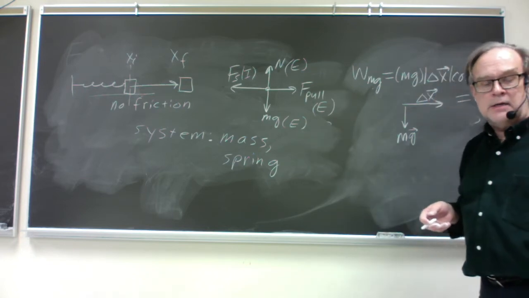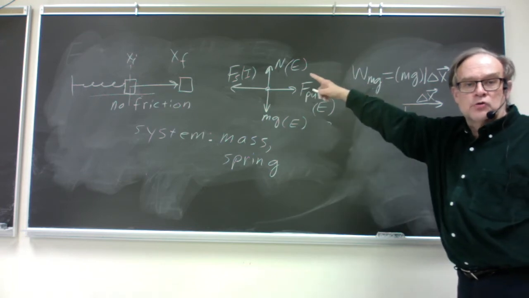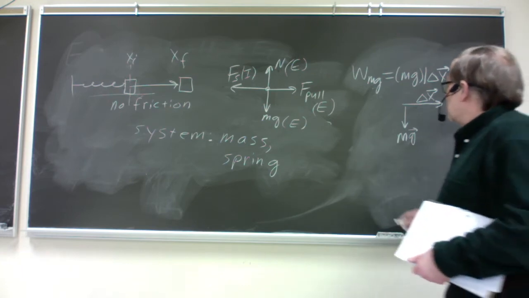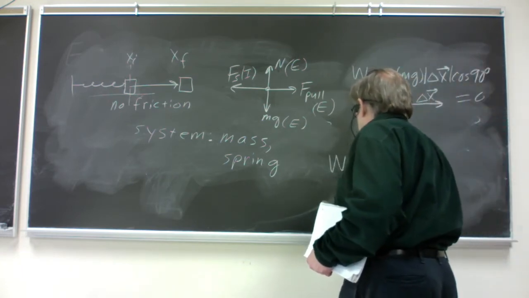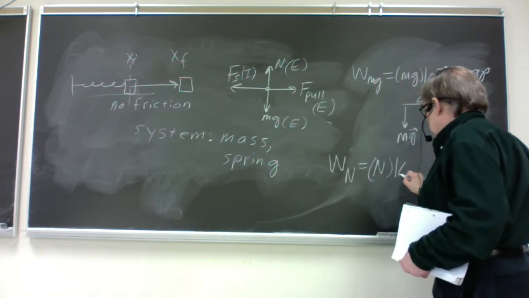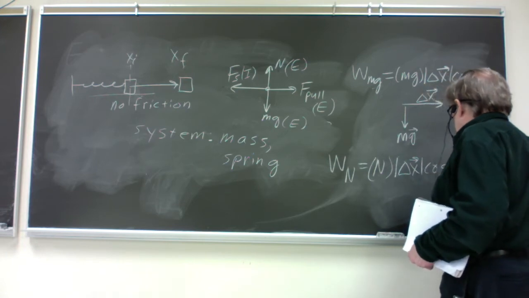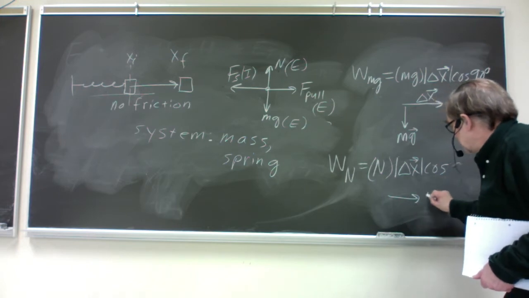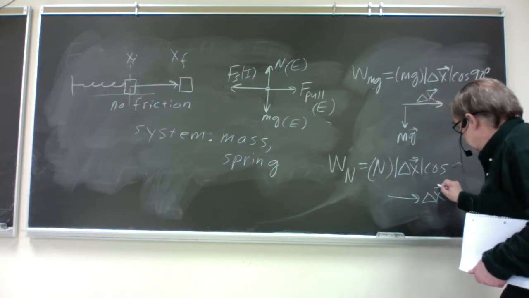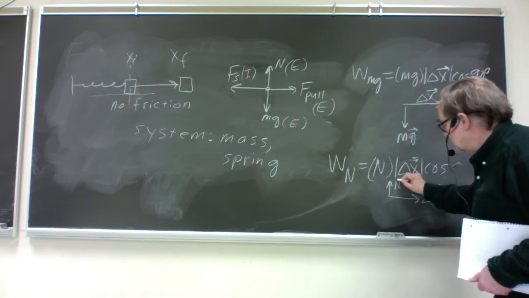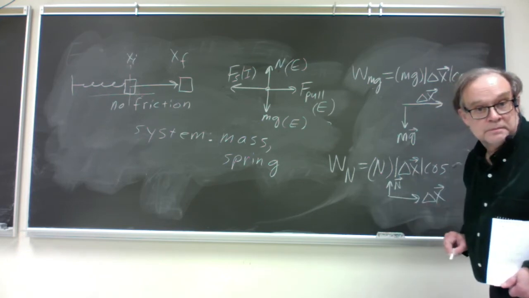And for exactly the same reason, this external force, the normal force, will also do no work. Work done by the normal force is just the magnitude of the normal force times the magnitude or absolute value of the displacement times cosine of the angle between the displacement and the force.